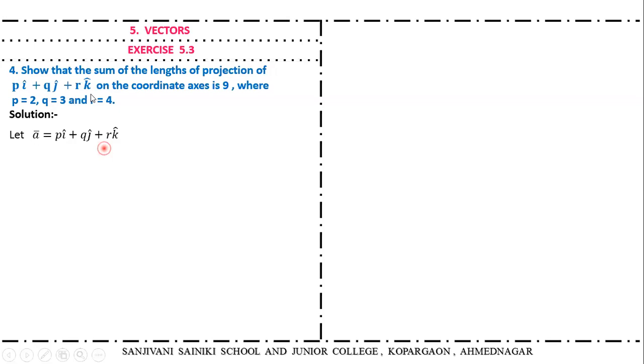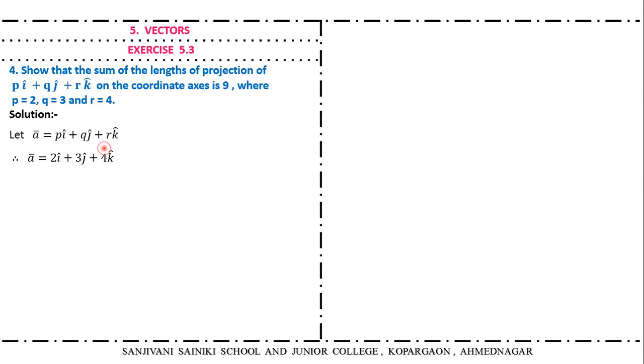Suppose a bar is equal to the vector p i plus q j plus r k. Therefore, a bar is equal to 2i plus 3j plus 4k, because p is 2, q is 3, and r is 4.